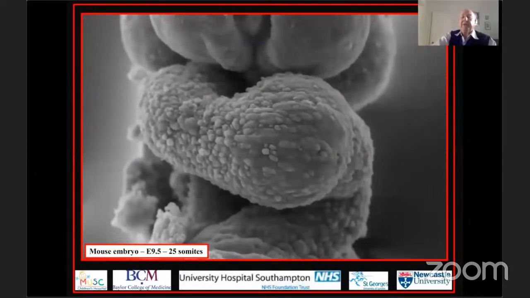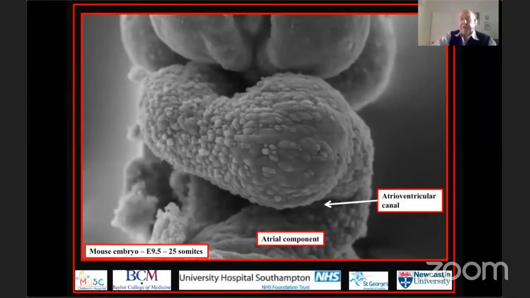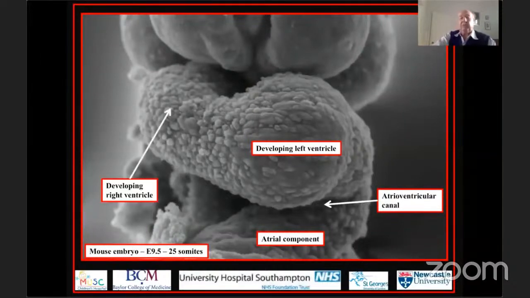And it's now, at this stage when we see the ventricular loop, that we can also, for the first time, see what is going to become the atrial component of the heart tube. And this will end up as the body of the atrium. At this stage, we can also see its communication with the inlet of the ventricular loop. And we know the left ventricle derives from the inlet of the loop. The right ventricle develops from the outlet of the loop, giving rise to the outflow tract.